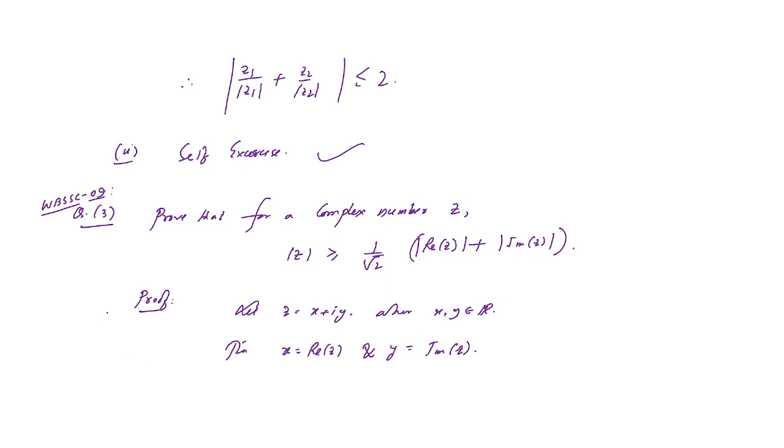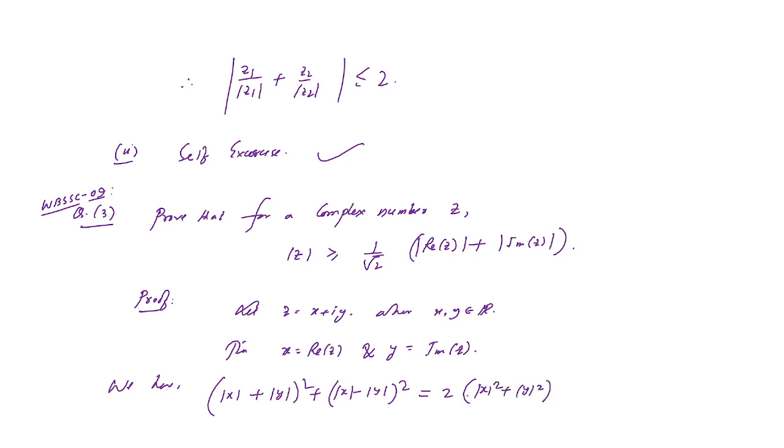Now we'll use the simple formula: (mod x plus mod y) whole square plus (mod x minus mod y) whole square equals 2 into (mod x square plus mod y square).